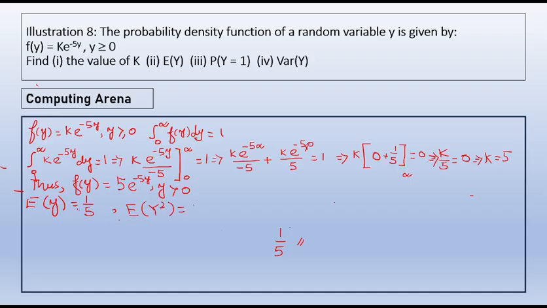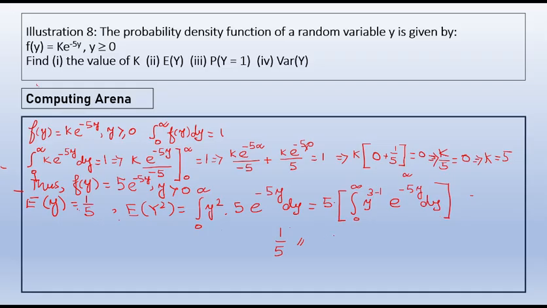Expectation of y square equal to integration y square. Integration starts from 0 to infinity, and then the probability function, that is 5 e to the power minus 5y dy. Once again, we bring 5 outside. So 5 is outside, and then we take it to the form integration 0 to infinity y to the power 3 minus 1, which is 2, and then e to the power minus 5 into y, then we have dy.